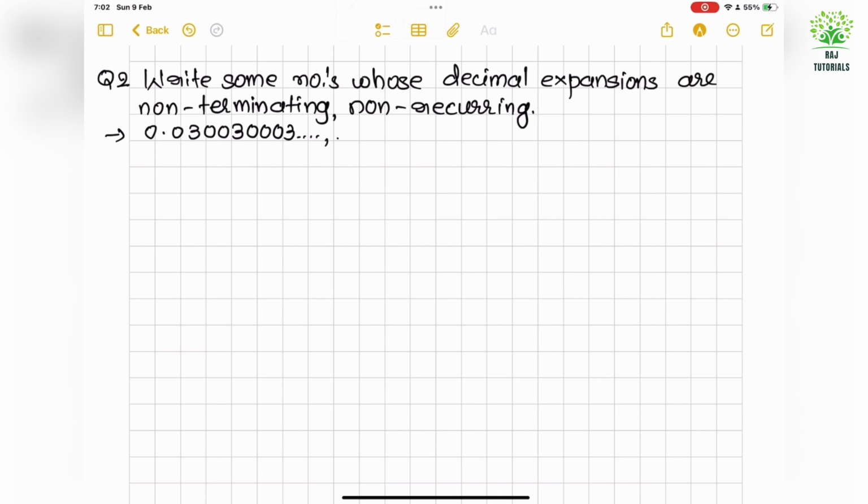You have to see that the number should not end and it should not repeat after the proper place. So 0.21221222 like that. I can have even 0.82588 like that. I can have any numbers.